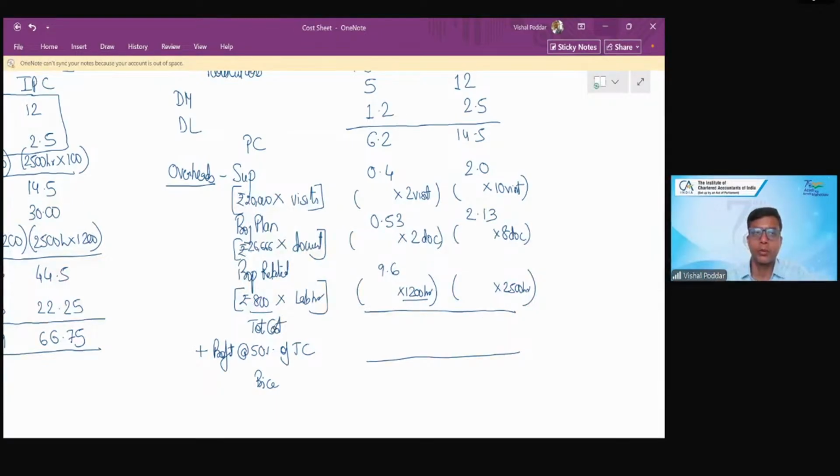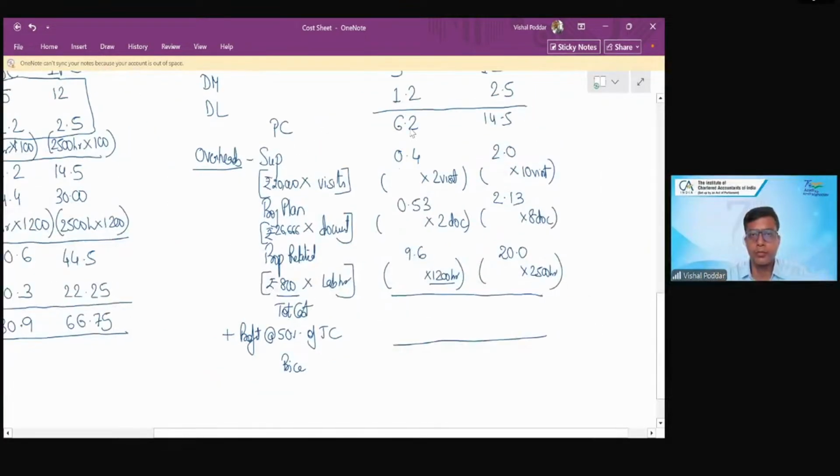But you all are just posting figures. How will I understand it relates to what? Manivanan, beta, you have just posted figures. I will not understand what you are giving figures for. So 800 into 2500 is 20 lakhs. Correct? These are my costs.